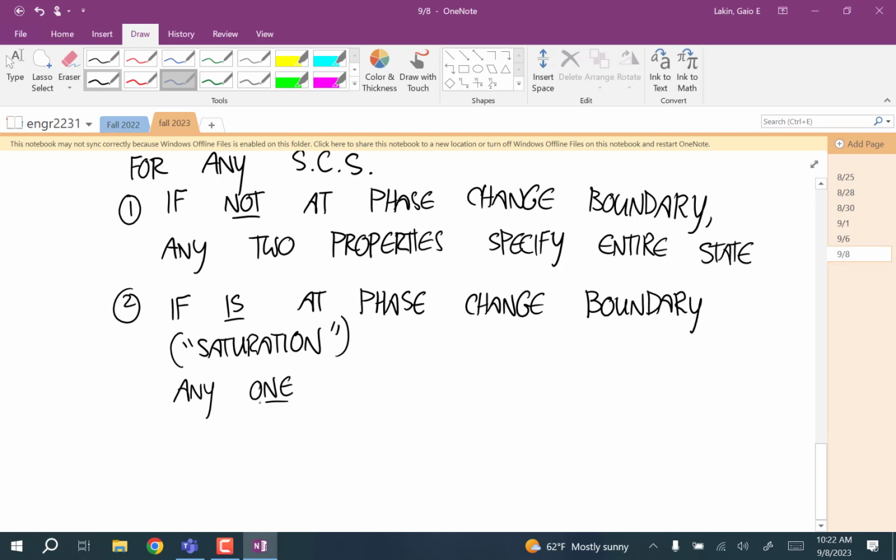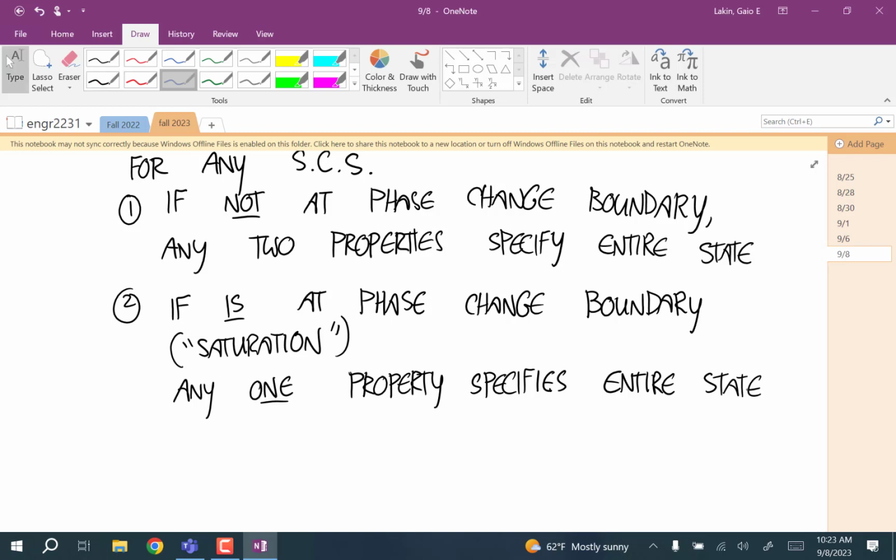So then any one property specifies the entire state. This makes sense if you think about water.